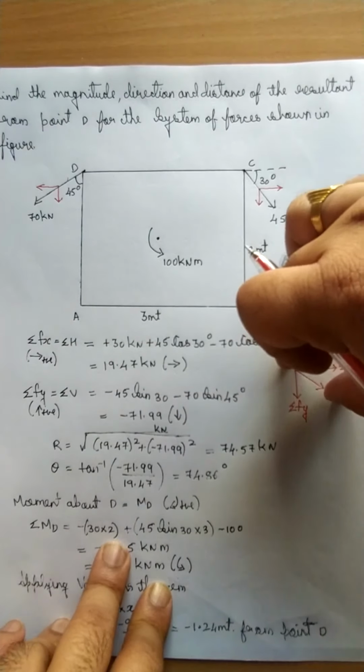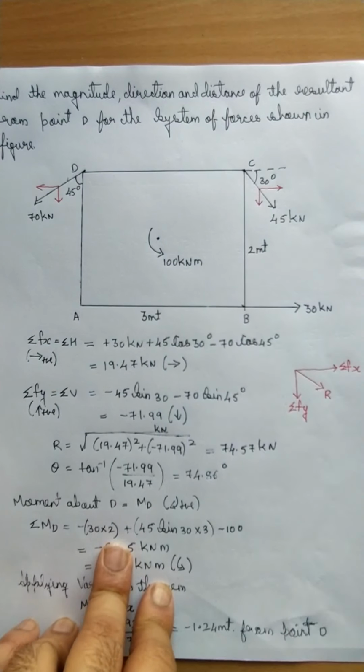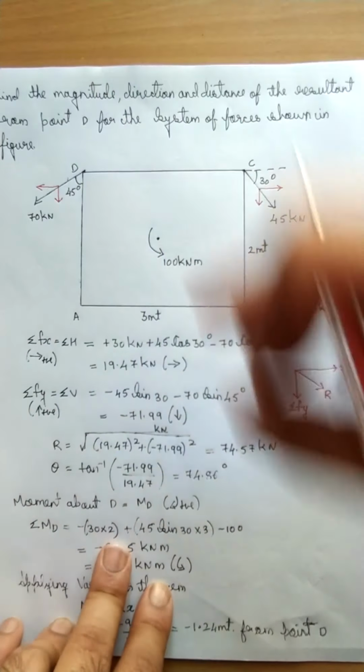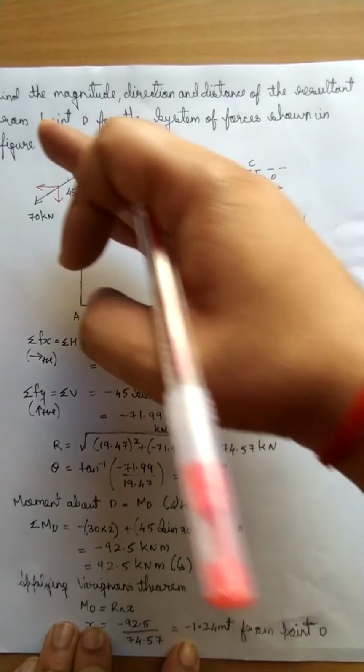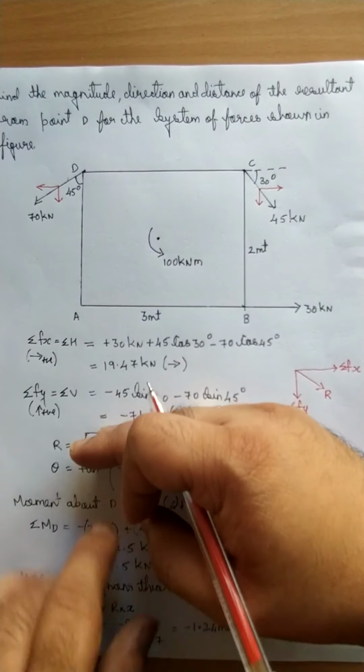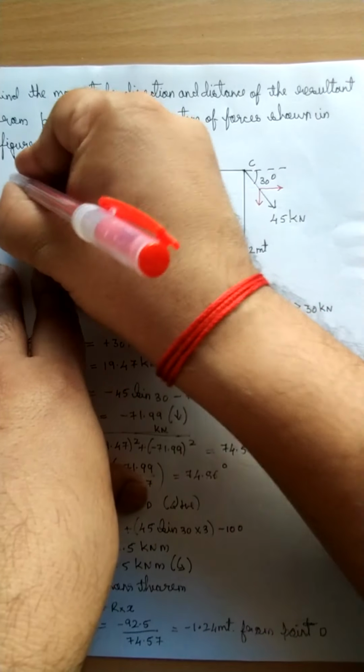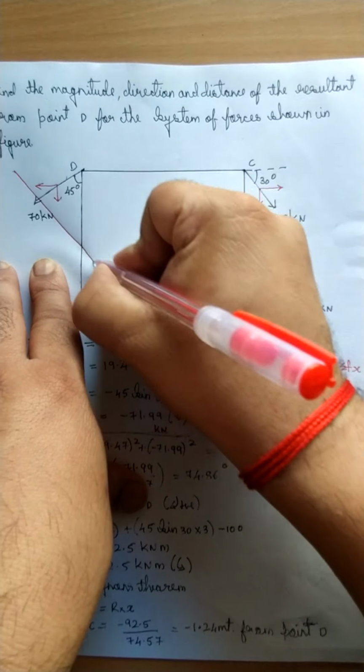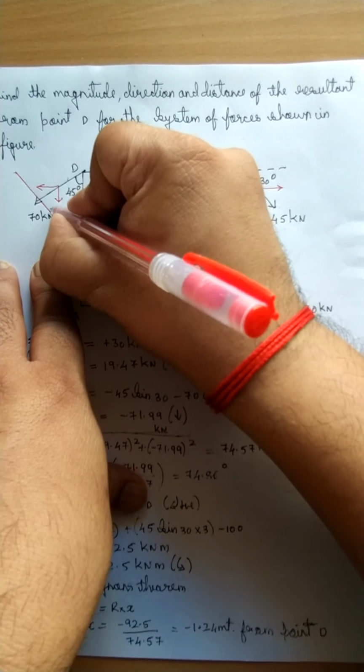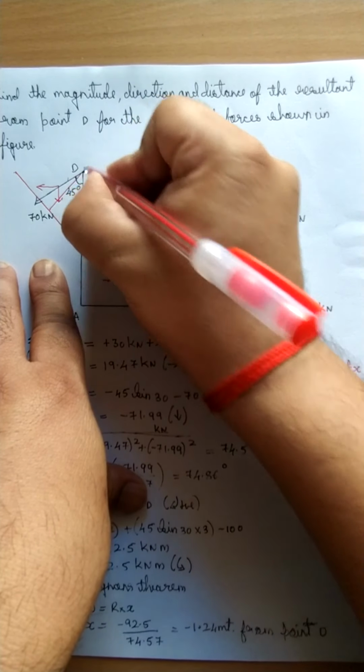That means the resultant has to be placed here like this, but the distance is negative, so it won't be on the upward side, it will be on the downward side. So the resultant will be marked here like this, and this will be the perpendicular distance.